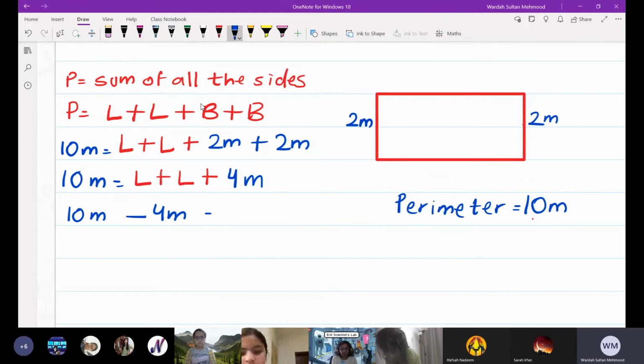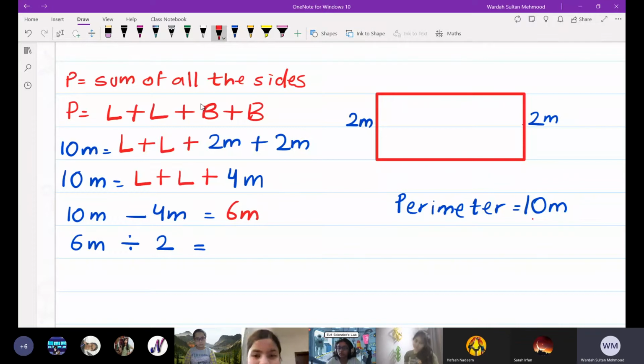What will you get? 6 meters. Now the answer that you get here, you're going to divide that with 2, and always with 2, with no other number. I'll explain why. Always remember that you have to divide this with 2. What is the answer that you'll get after division? 3 meters. This is your answer.